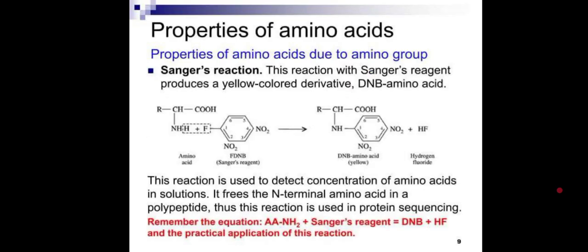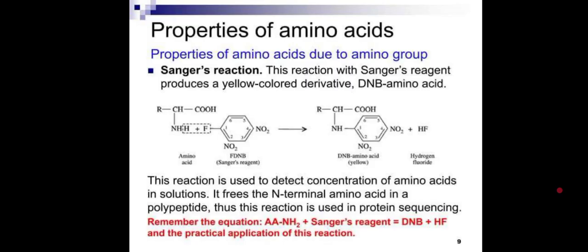We also have Sanger's reaction. This Sanger's reaction is very important in the detection of amino acids in a particular solution. You can use it to quantify amino acids present in a solution. For example, if your urine is being collected, you can carry out Sanger's reaction in order to determine the amount of amino acids that have escaped from your body system and are present in the urine.